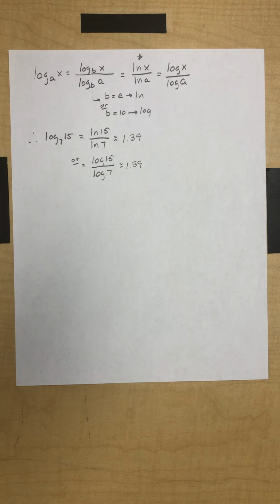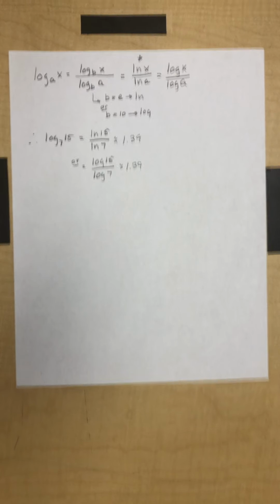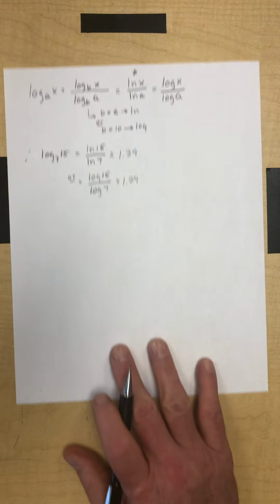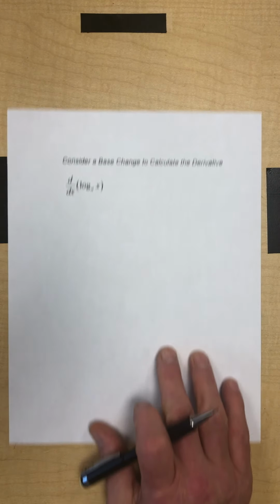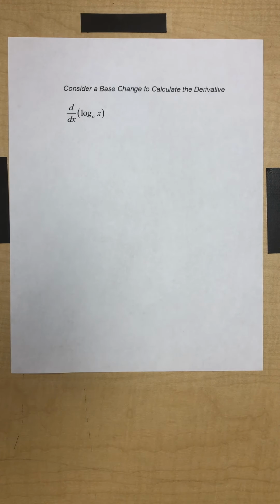So this base change rule comes in handy every once in a while, and it definitely comes in handy today. So we take a look at what we do to find derivatives of just your general logarithms. It's not a natural log, it's not a common log, it's just any log base A whatsoever.